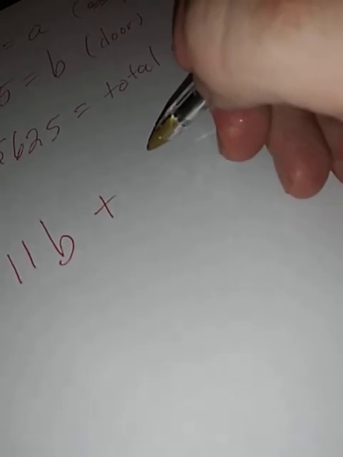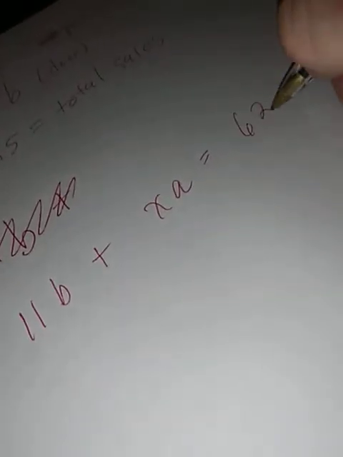Plus, okay. So this is 11 times B plus X times A equals 625.